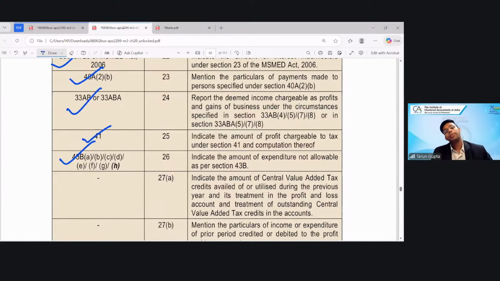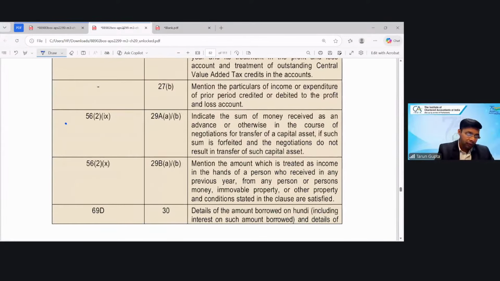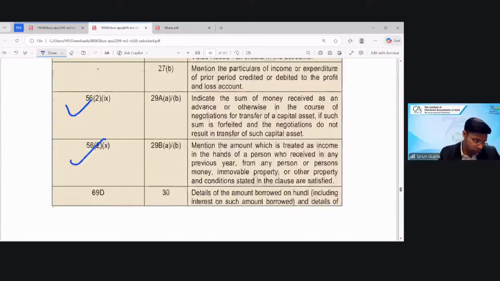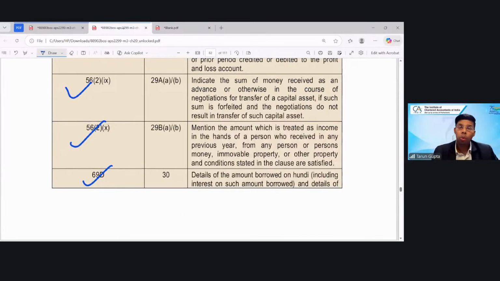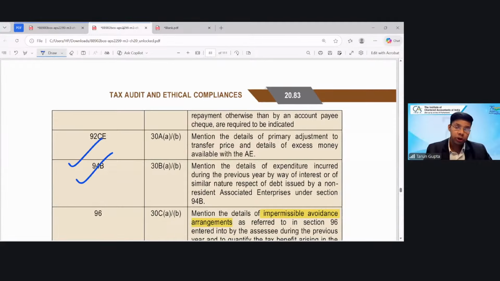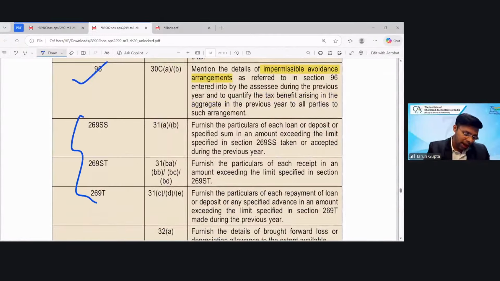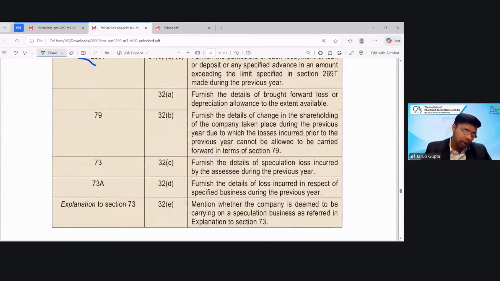Under 43B, the entire clause, the amount which is to be allowed a deduction this year and the amount which is to be disallowed this year has to be stated. If it is 56(2)(vi) to (ix), amount forfeited, and if it is 56(2)(x), the gift amount has to be stated. Then the amount borrowed on hundi, the primary adjustment or the interest paid to an associated enterprise, the GAAR provisions or the cash transactions, the carry forward of losses.